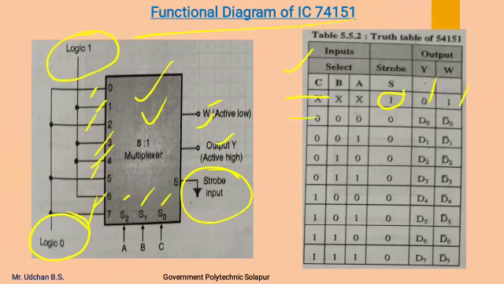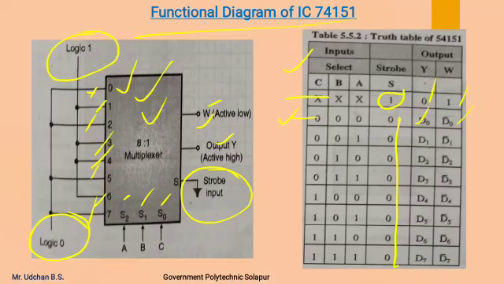For the next case 0 0 0, the strobe input is made available at logic low level, by which it gets enabled, and the D0 line is selected, that is the 0th line is selected. As the 0th line is connected to logic 0, we get a 0 output, that is the data available on the D0 line, and its complemented output on the W output.